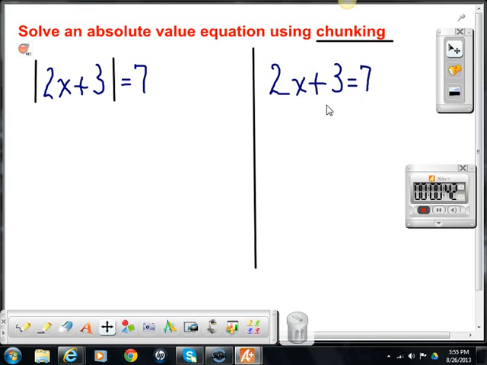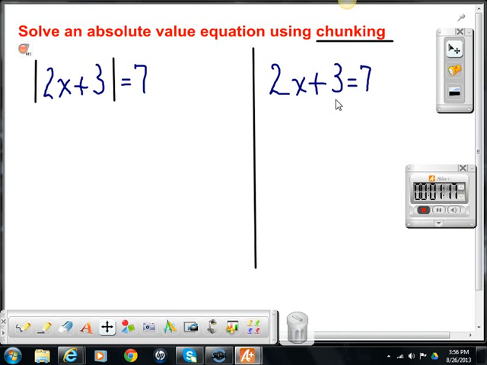Typically, we are taught to solve this problem by undoing. We see that the 2x term is added to the 3, so we subtract 3 from both sides. Well, chunking does not use the undoing process. Instead, we look at the whole equation and we think about what the unknown part would be by thinking numerically.